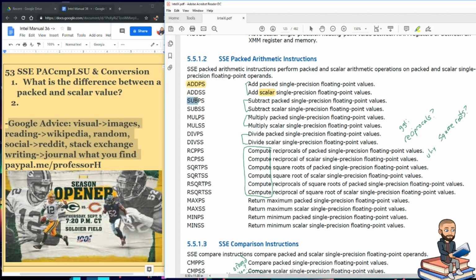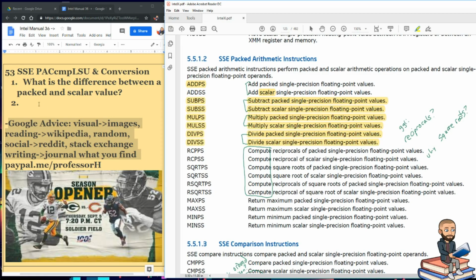Let's get back to the manual. It says SUBPS for subtract packed singles. Following the same pattern as before, SUBSS would be to subtract scalar values. Same pattern, MULPS, so multiply packed, and then MULSS, as in multiply scalar single precisions. You could divide packed ones, you could divide scalar ones, and that's pretty much it for that first part.